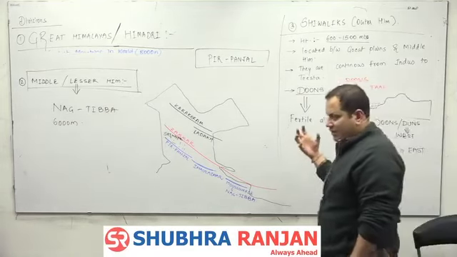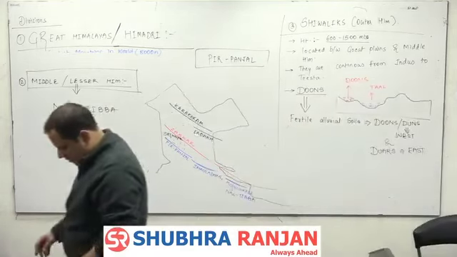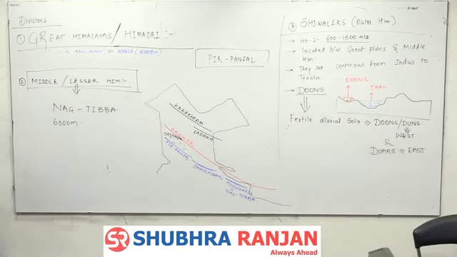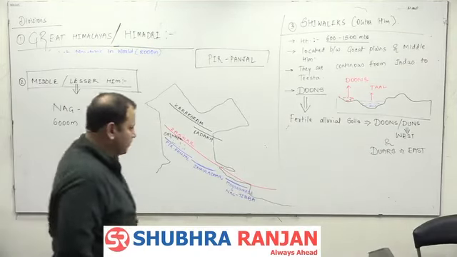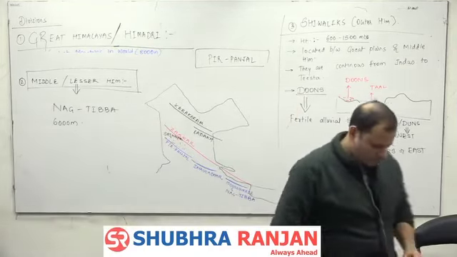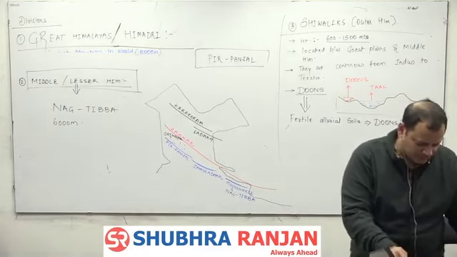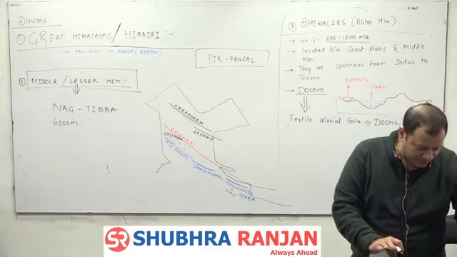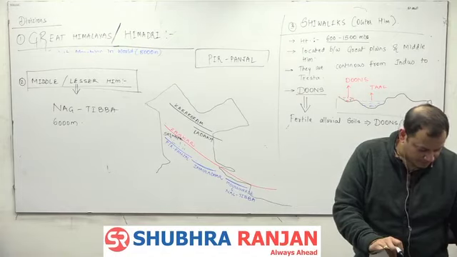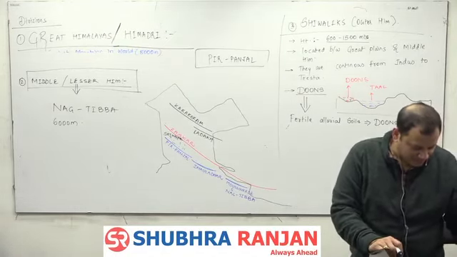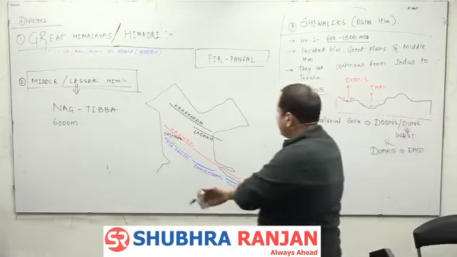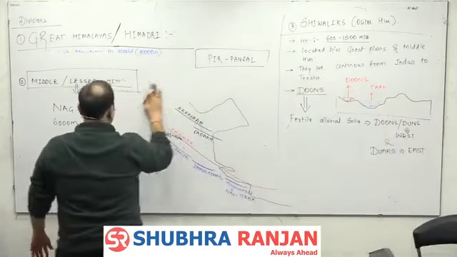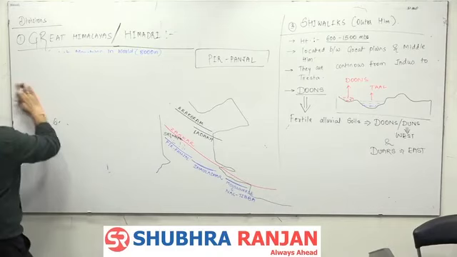Next point. Some of the water remained in the depressions, forming lakes known as tals.